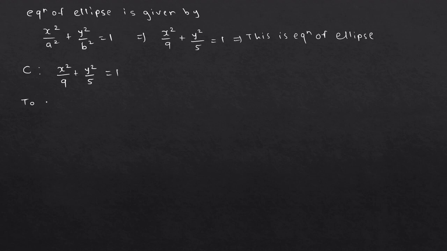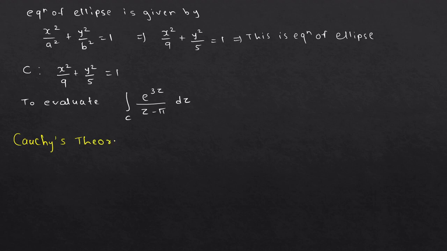Now to evaluate the integration over C of e raised to 3z upon z minus pi dz, here we have to use Cauchy's theorem. And what is Cauchy's theorem?